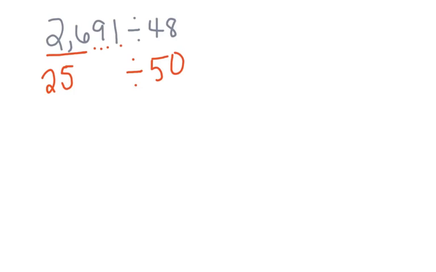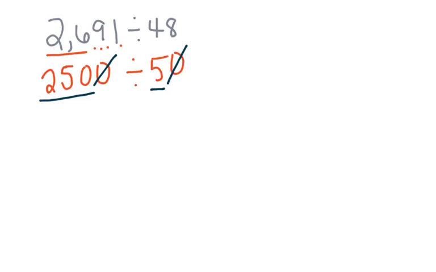Then I'm going to turn those other spots just into zeros. So I'm going to use 2,500 and divide that by 50. Just like we've been talking about in all of our previous videos. I know that 50 is really 5 times 10, so I could divide by 10 and 10 here and get rid of a 0. Now I'm left with 250 divided by 5.